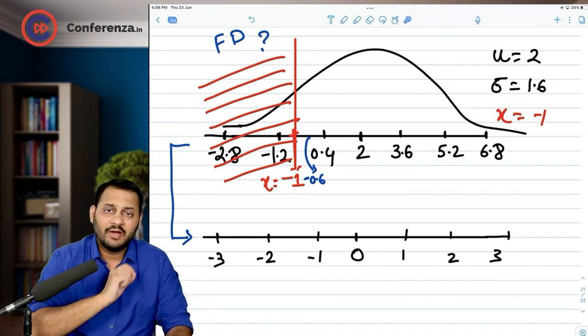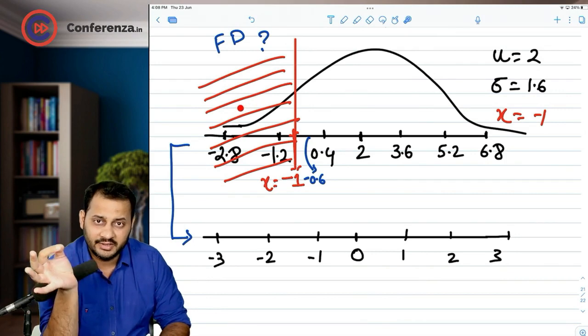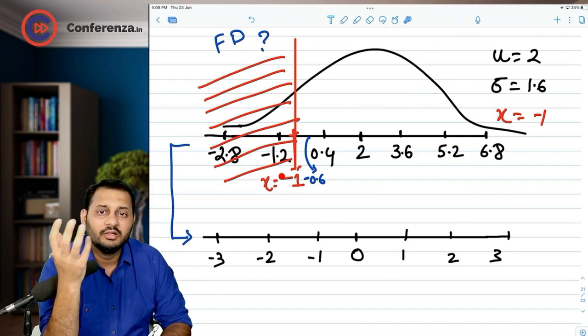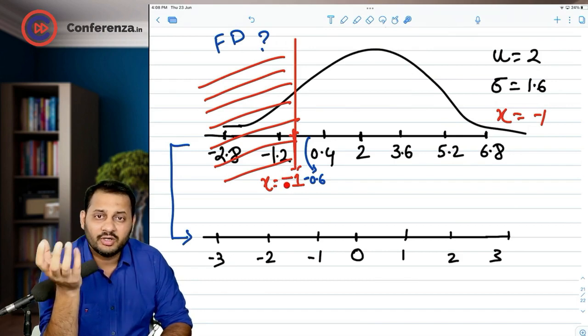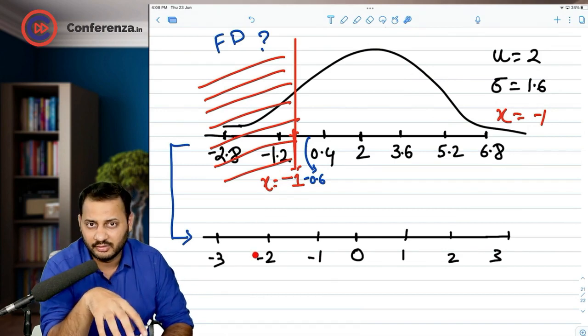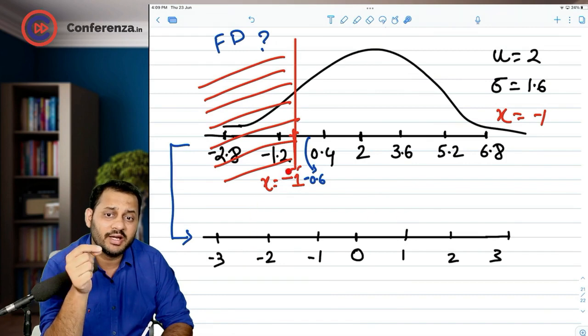What we have to do is we have to find out the probability of the left side of -1 crore loss. But -1 crore rupees of the loss is not something there on the table. So we have to find out the equivalent figure first of -1 crore.